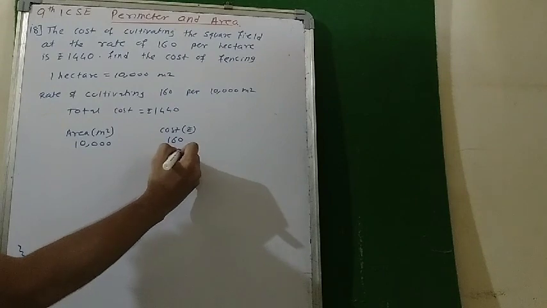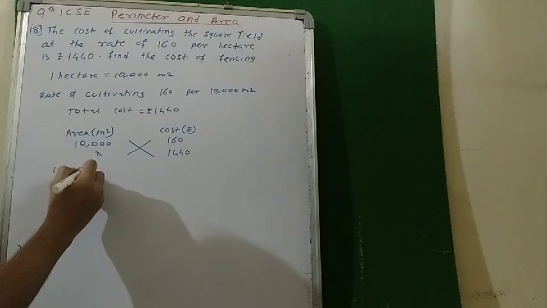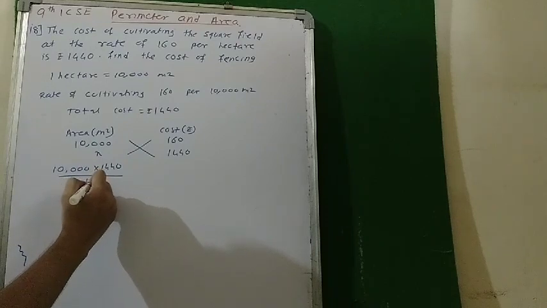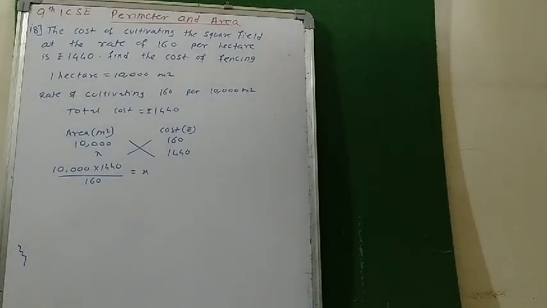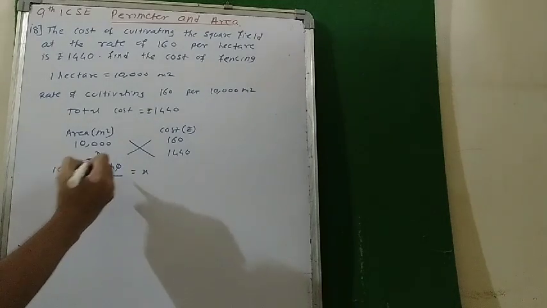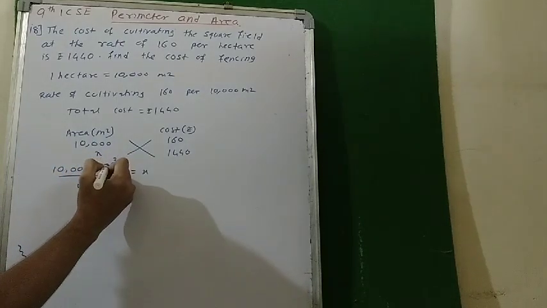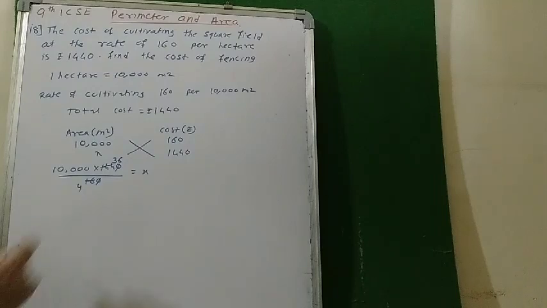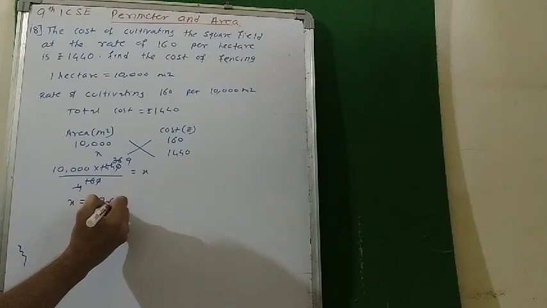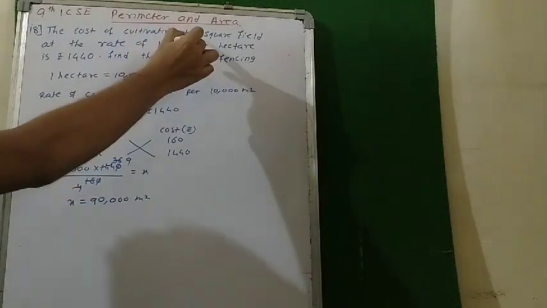Now the total cost is 1440. So what is the area? We will cross multiply: 10,000 into 1440 upon 160 is equal to x. So the zeros cancel, and we have x equal to 90,000 meters square.